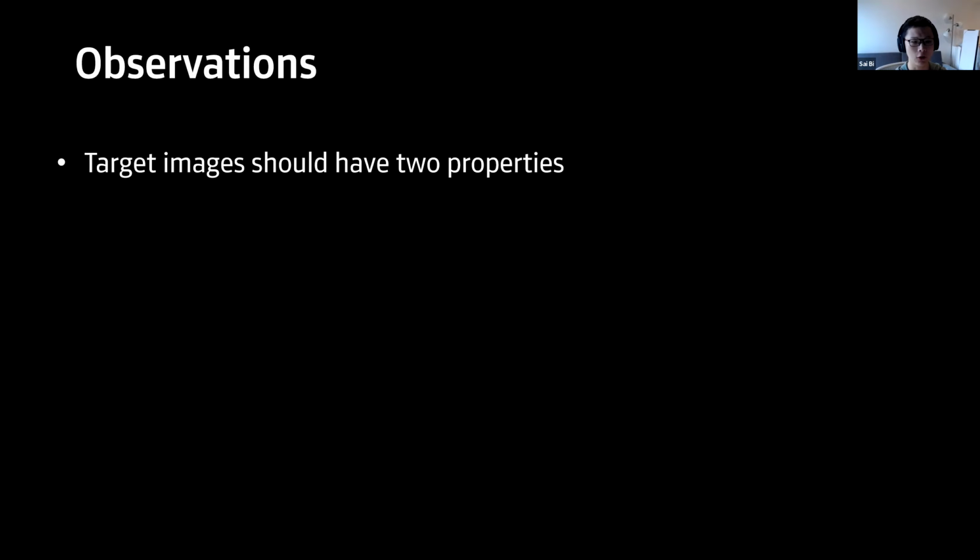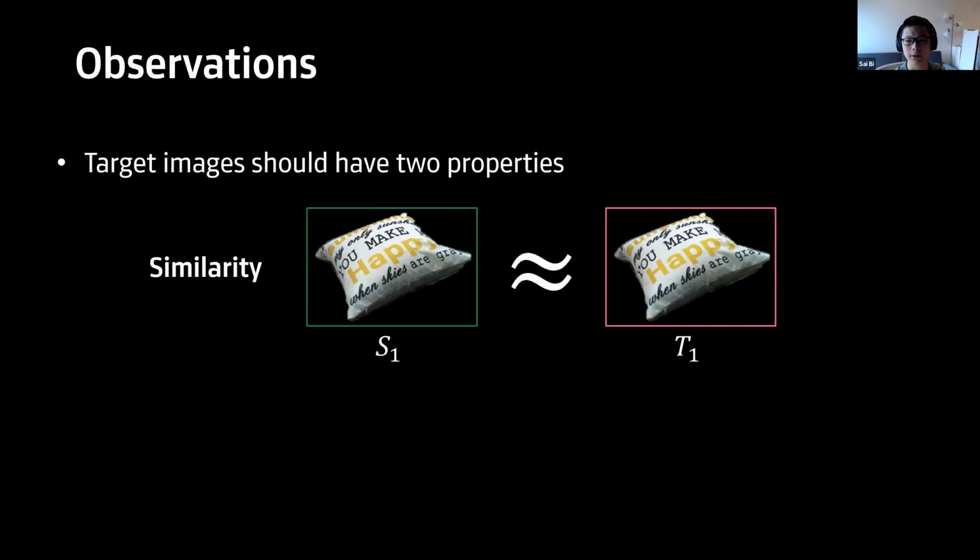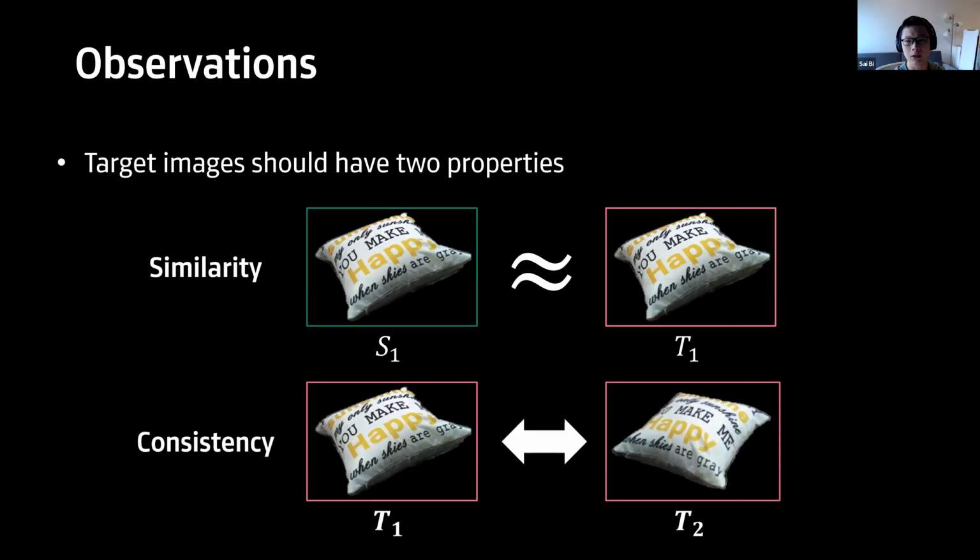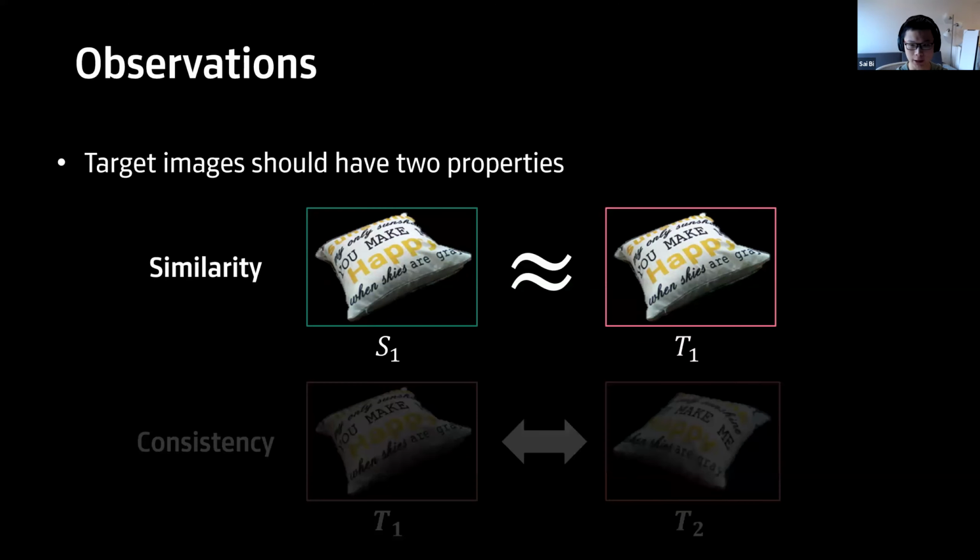Our main observation is that to produce a high-quality texture map, the target images should have two properties. First, the target image should be similar to the corresponding source image. Secondly, the projected target images should be consistent. We propose a global energy function to codify these two properties. Now let's look at the first property.